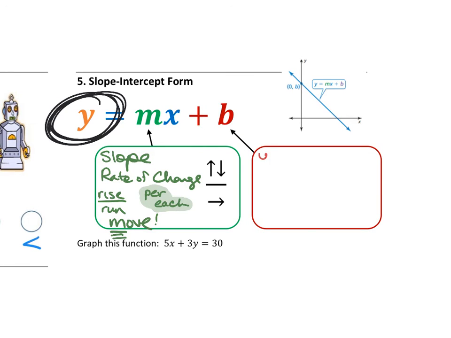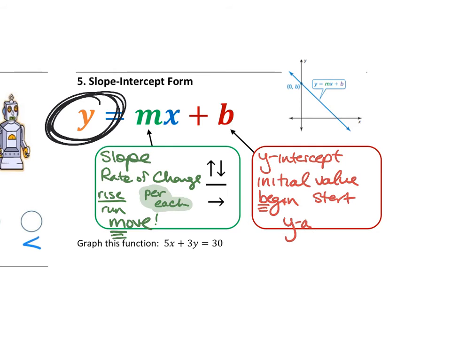That's your b value. Another word for this is the initial value, because that's where you begin or start. There's your b. Remember that this is on the y-axis, which is the up and down axis. That's where you're finding or placing the y-intercept.